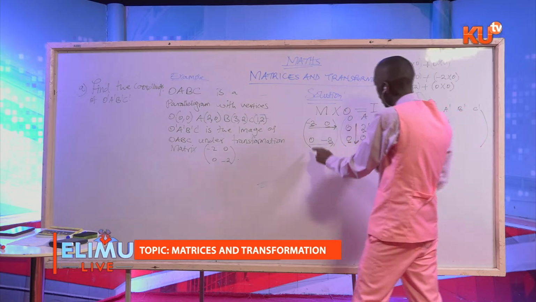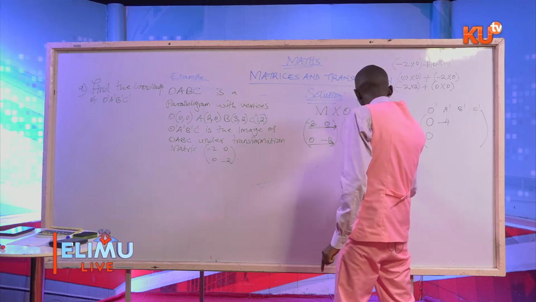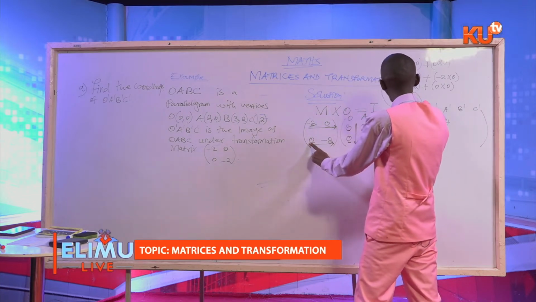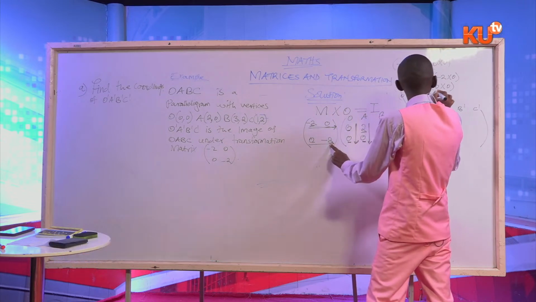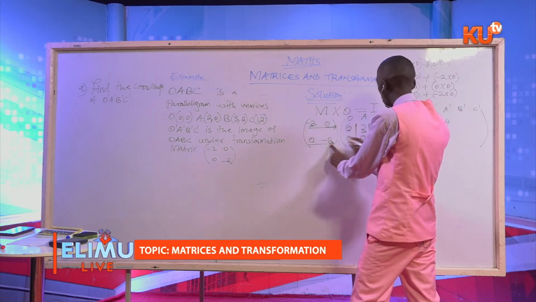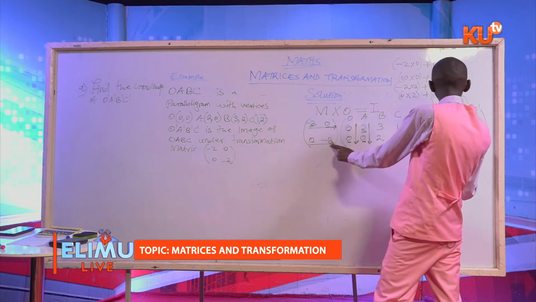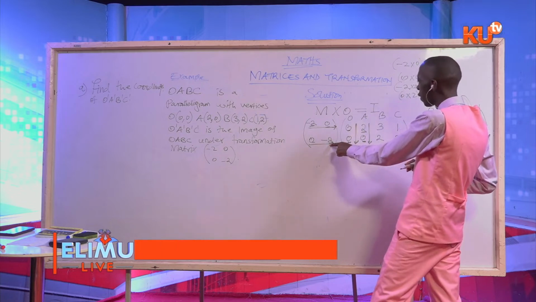We move on to the second row. Second row, second column. 0 times 2 plus negative 2 times 0. It will give us 0 plus 0, which is 0. My dear student, we are still moving on well.